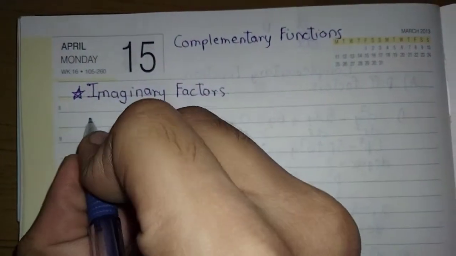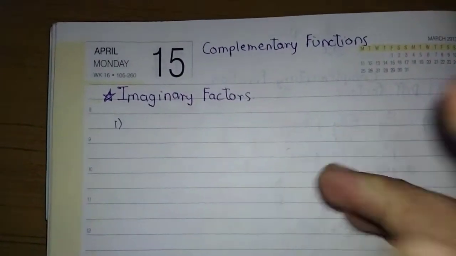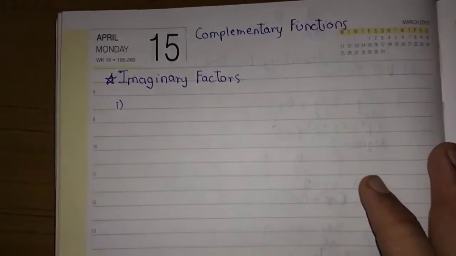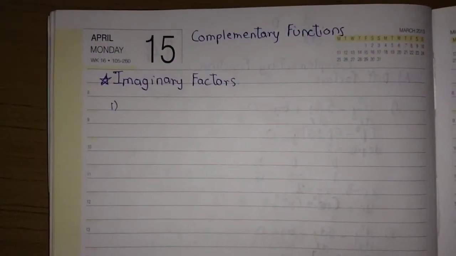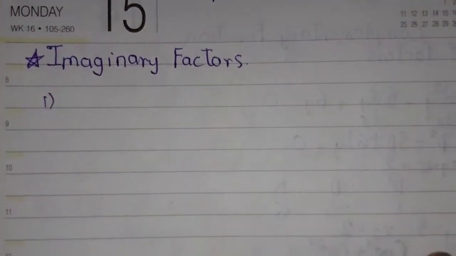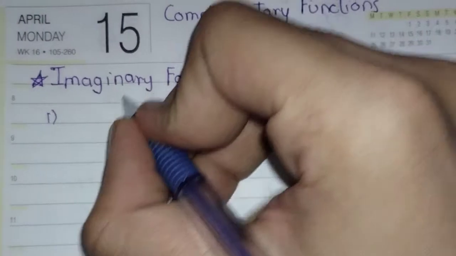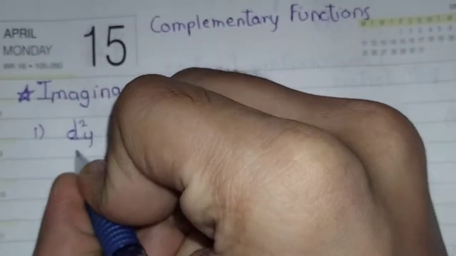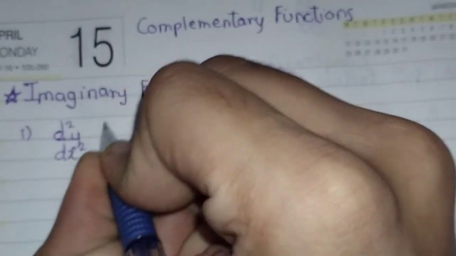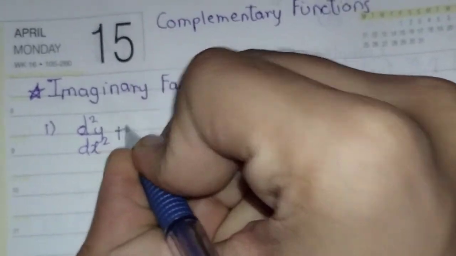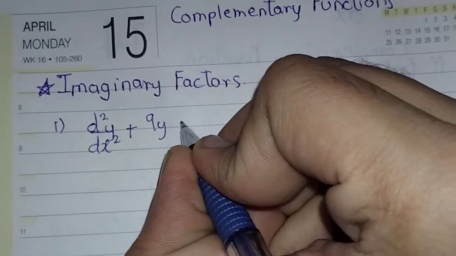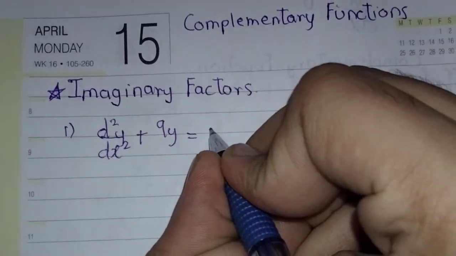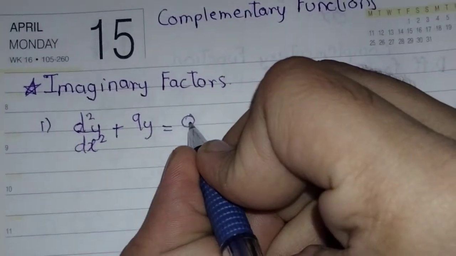Now in this video we are going to learn about imaginary derivative factors of complementary function. Now, solving the sums, the first sum is d square y by dx square plus 9y is equal to 0.